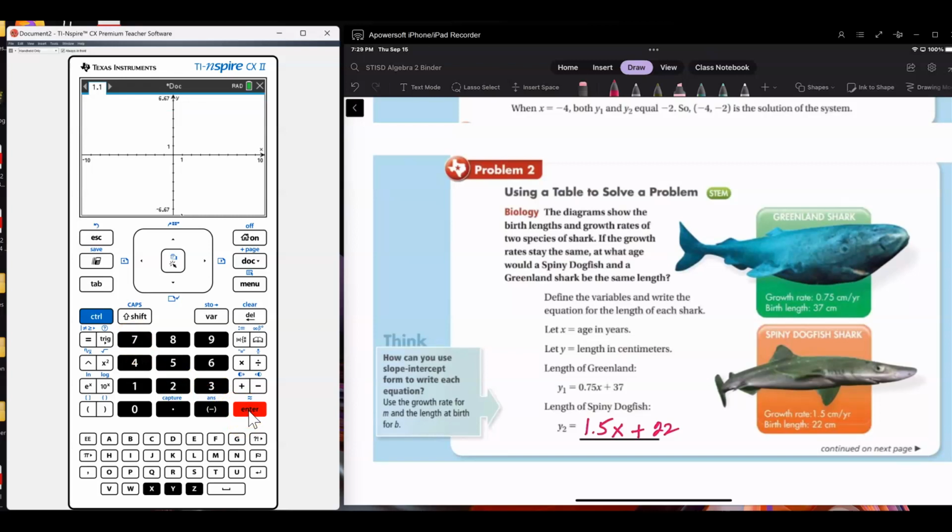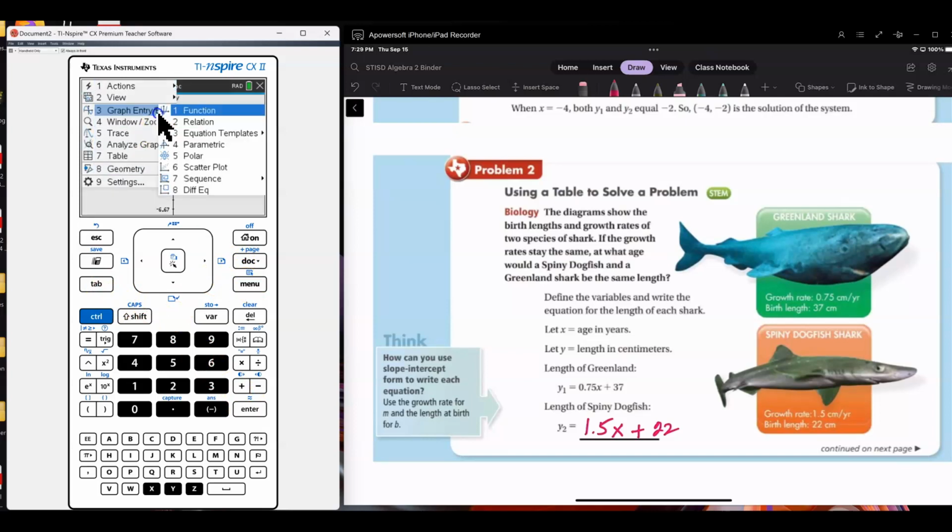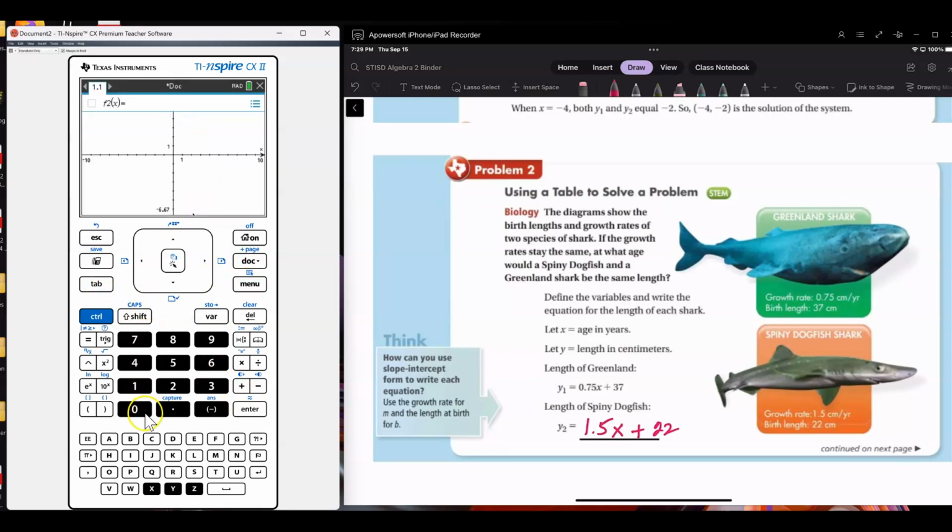And right now I'm going to adjust the window. So I'm going to go to Menu, Graph, Function, and I'm going to type in 1.5x plus 22. Enter. So what I'm going to do is adjust the window.